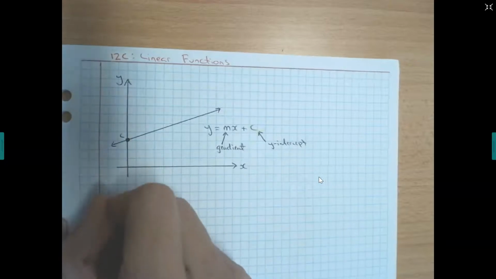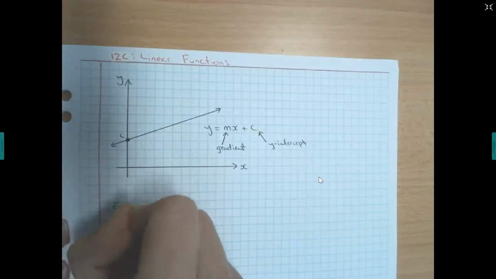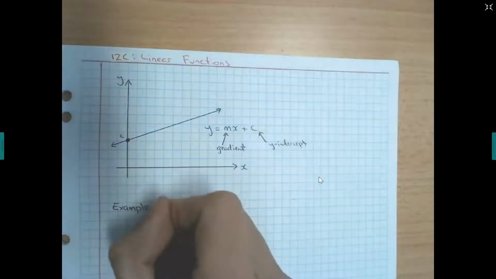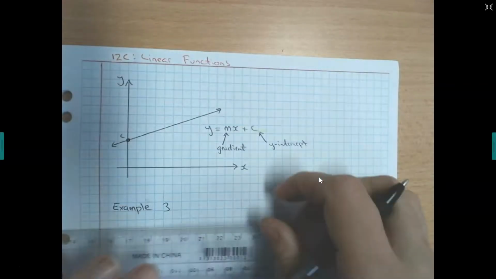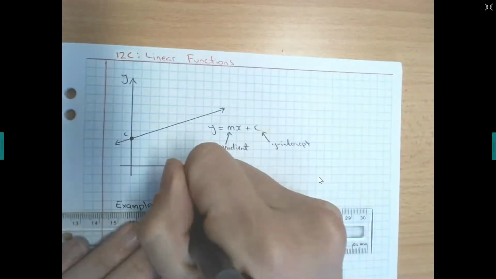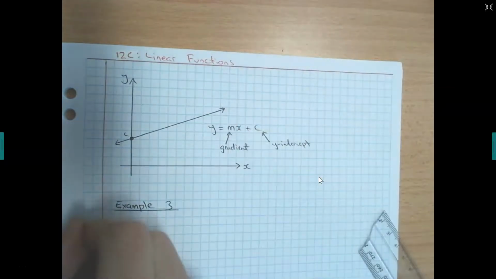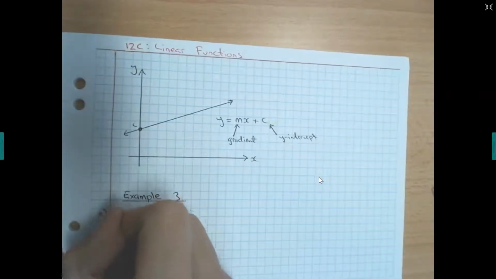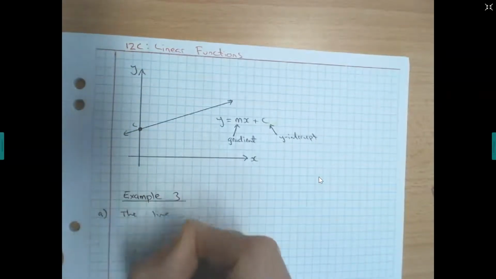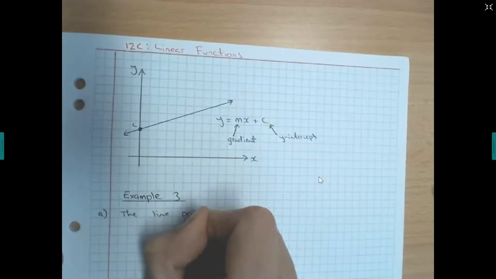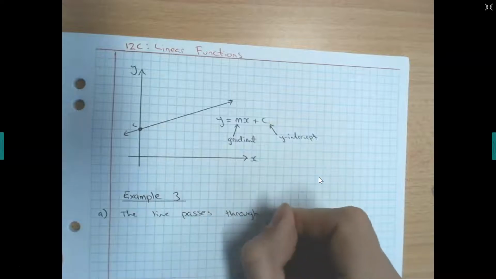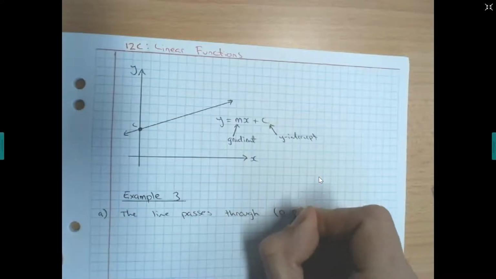So this is example 3, part A. The line passes through (0, 90).